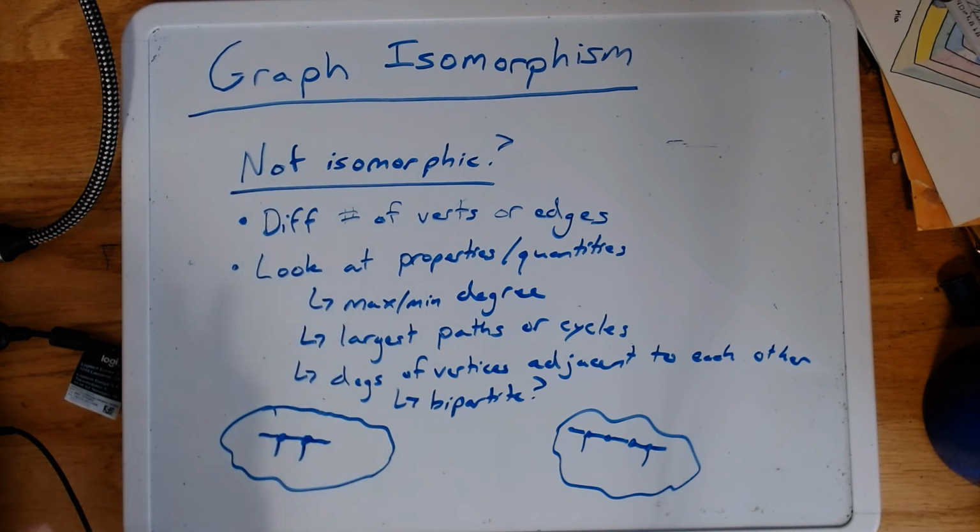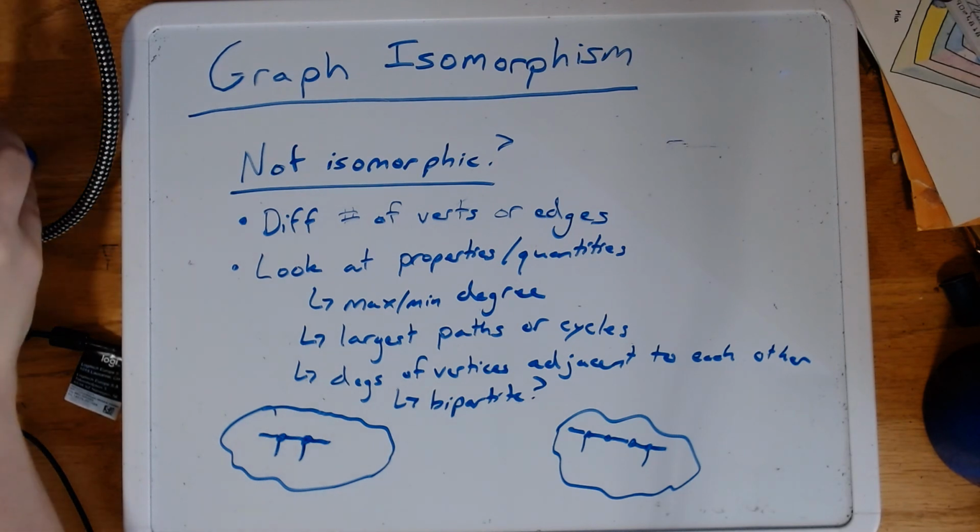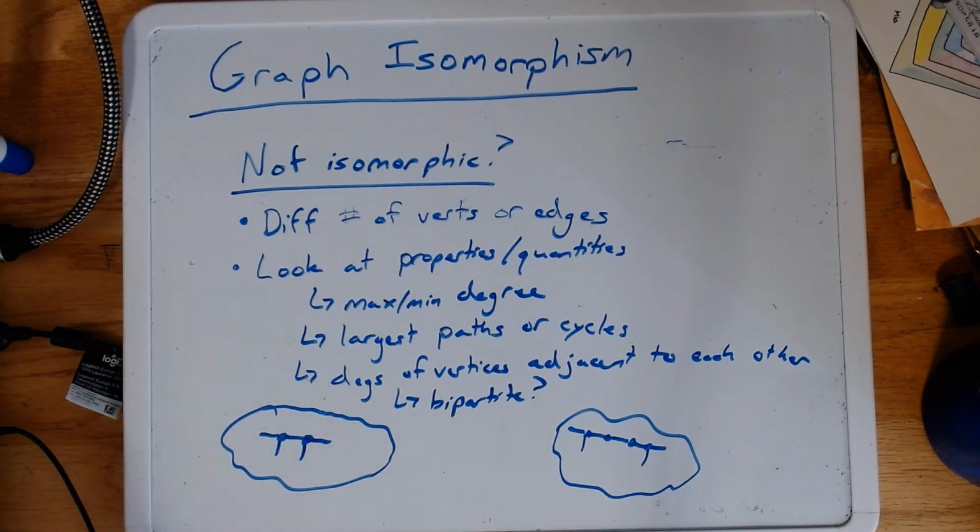There are many, many ways to not be isomorphic, but there's really only one way to be isomorphic. But this is a tricky problem. Computationally, it's pretty hard to do. We'll talk more about that on Monday.